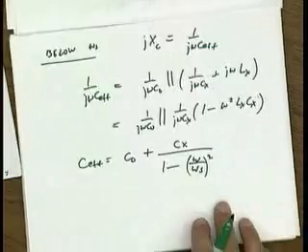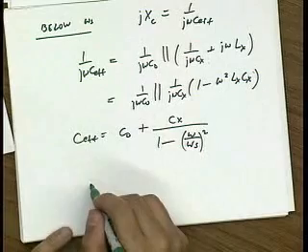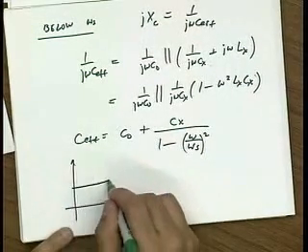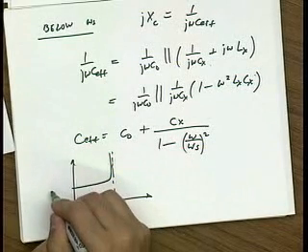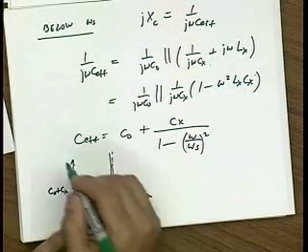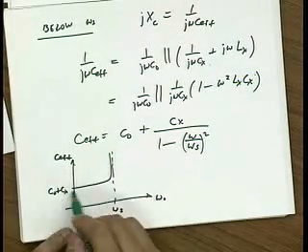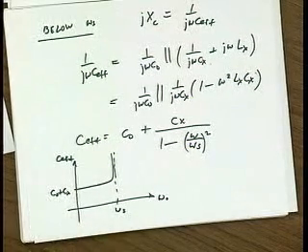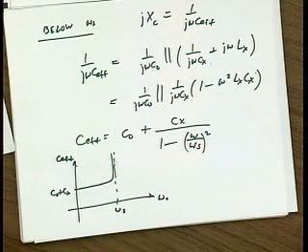Omega s is the self-resonant frequency, series resonant frequency. So the effective value of capacitance looks something like this. At low frequencies, it's C naught plus Cx. And then it shoots off to infinity as we get closer to the series resonant frequency. Okay. Any questions?